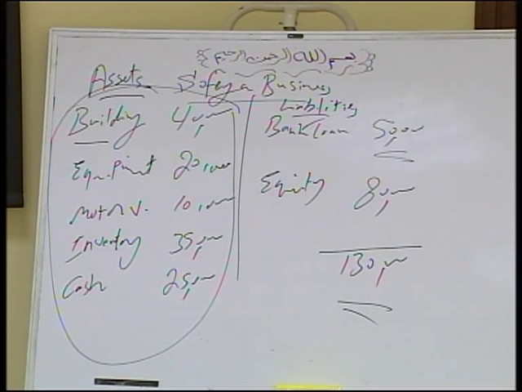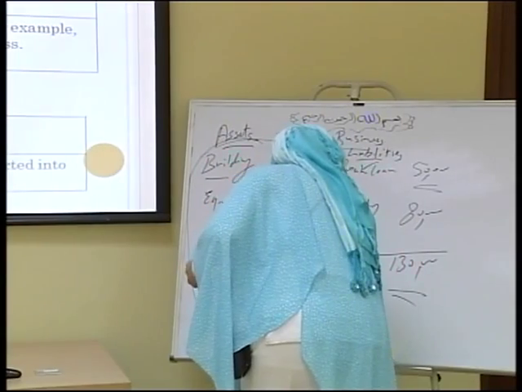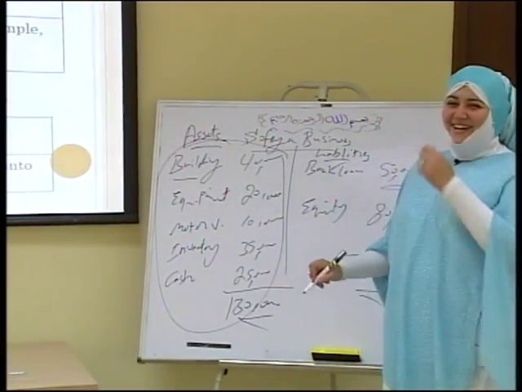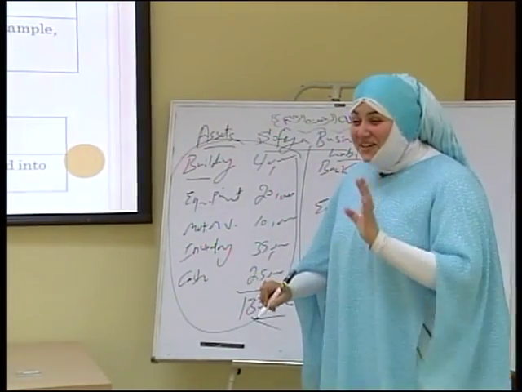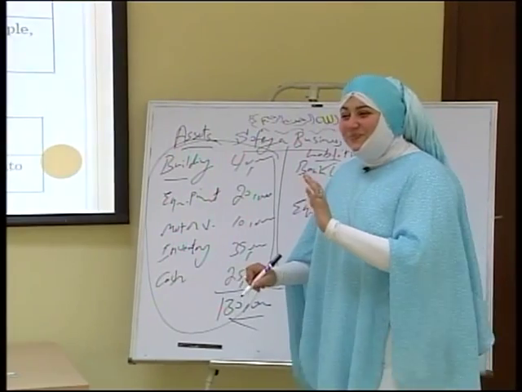From my own money. Your own money only? Or from banks, okay, which means the total should be? The same? Exactly. Bravo, Ali. Okay. You are right. 130.